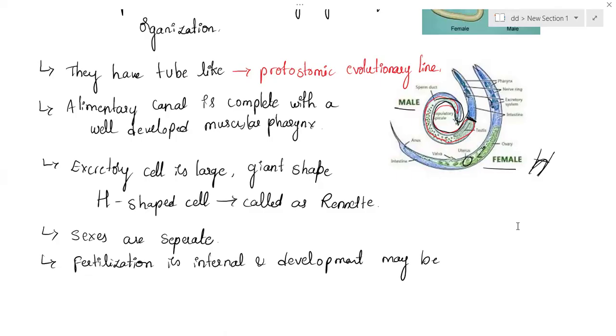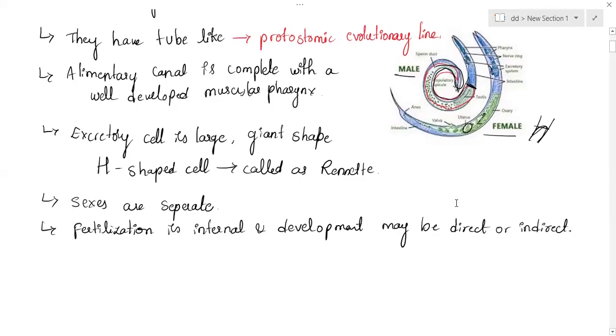That is indirect. Direct means inside the body. So here, the fertilization is absolutely internal, inside the body, but the development may be direct or indirect.